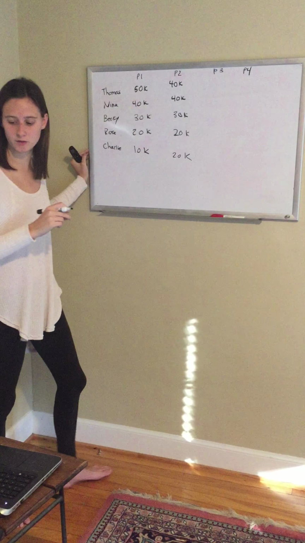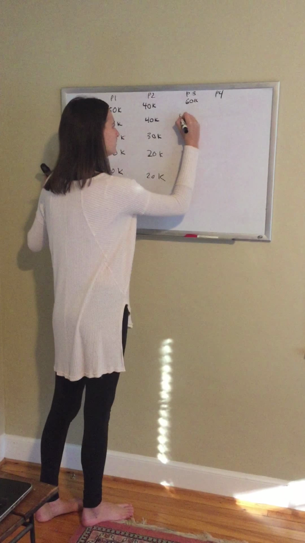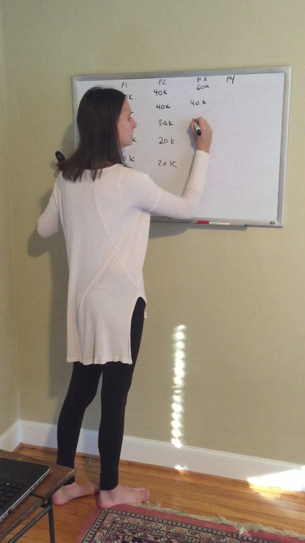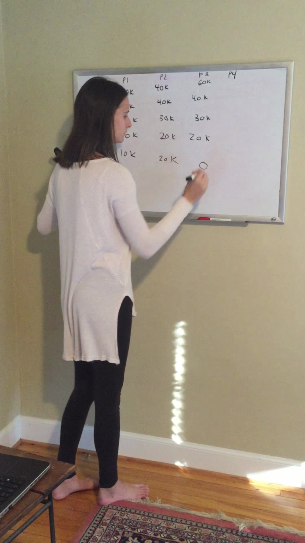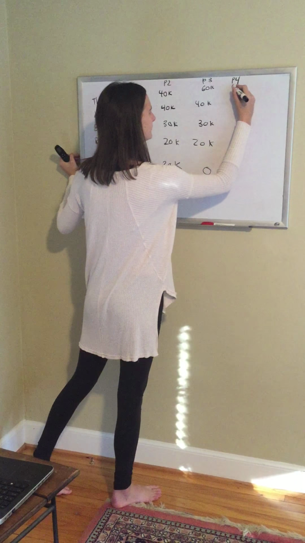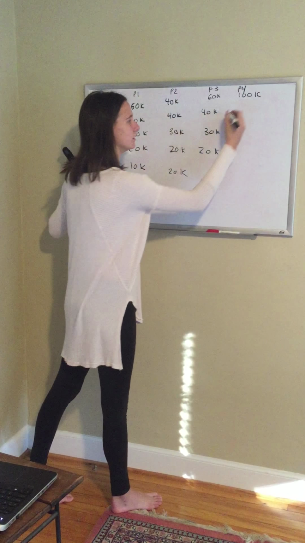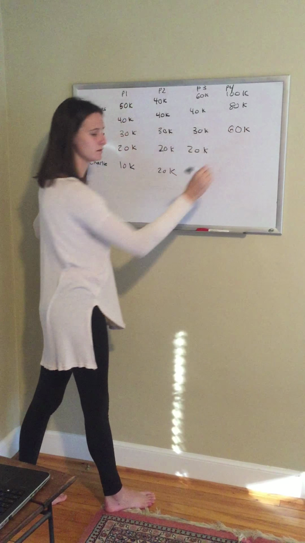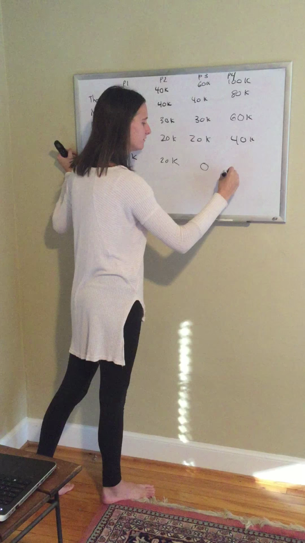And let's say for period 3, we've got 60K, 40K, 30, 20, and 0. And then let's say for period 4, we go 100K, 80K, 60K, 40K, 20K.